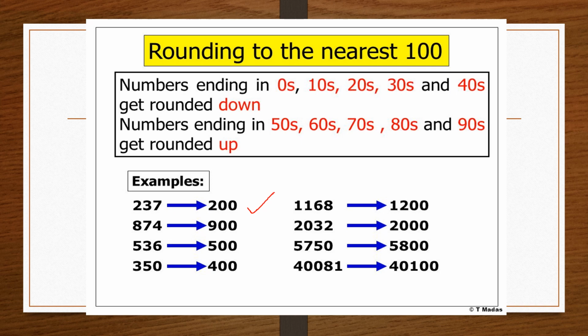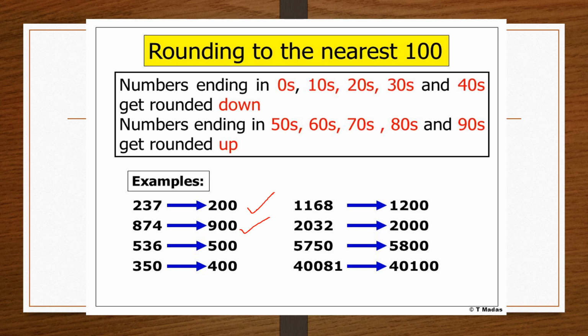Next example is 874. So, this is in 70s. So, it is rounded up to 900. Similarly, you can see some more examples of 4-digit numbers. Like the first example is 1168.